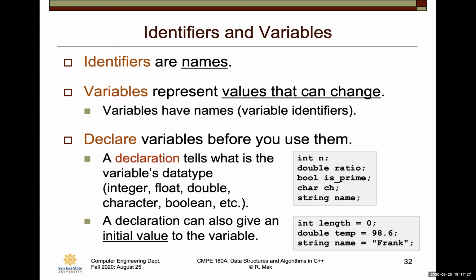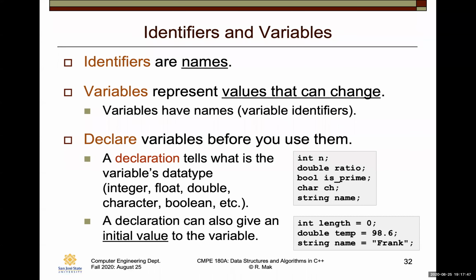All right, identifiers and variables. Just to make sure everybody is on the same page. Identifiers are names, and variables are names that represent values that can change. So variables have names. They're called variable identifiers.